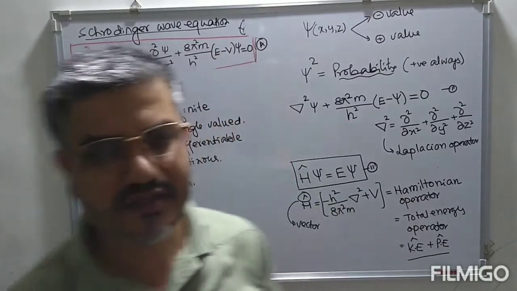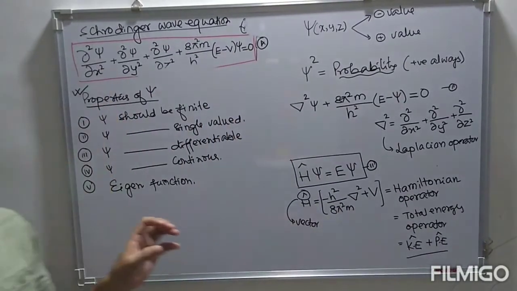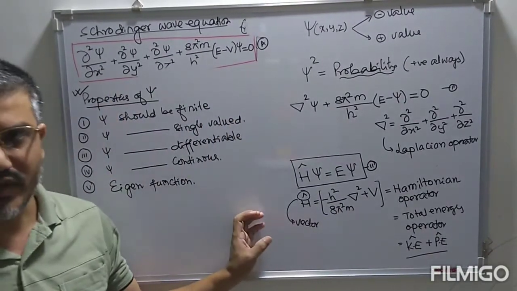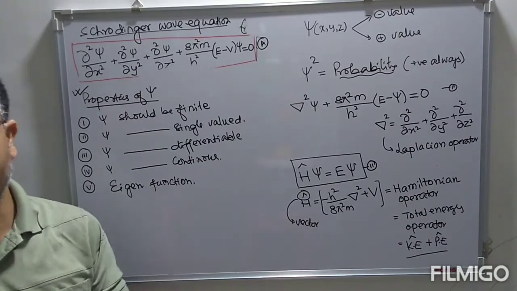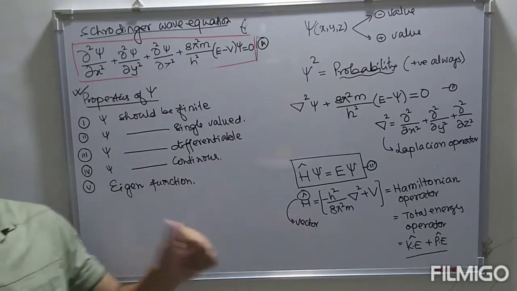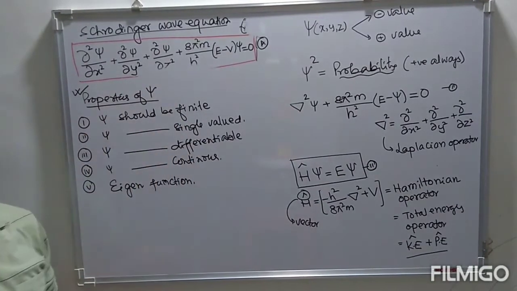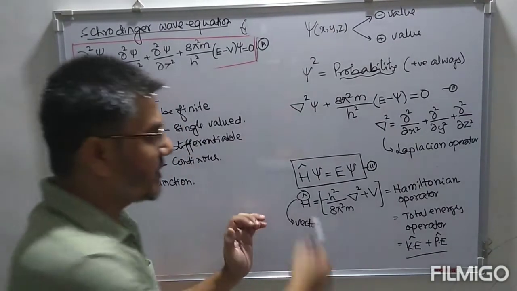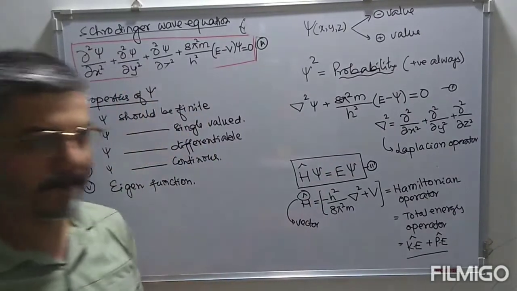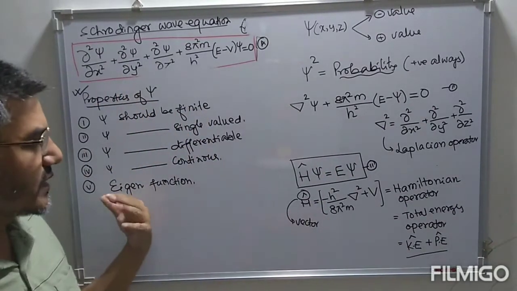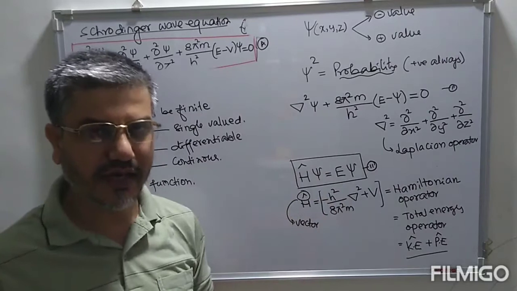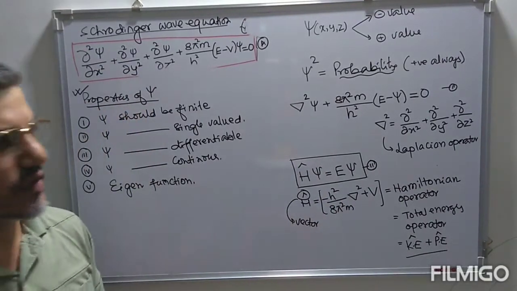If these properties are not satisfied, then the electron is not possible here. For every electron in an atom, the wave function psi represents a particular value, and that value should have these properties. Now coming back to this equation, as I have told you, psi should be an eigenfunction. Now look at this.